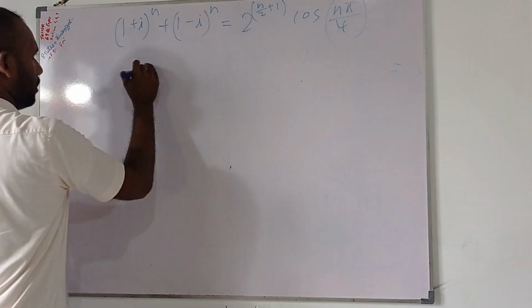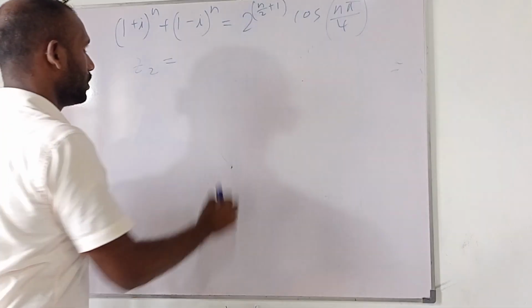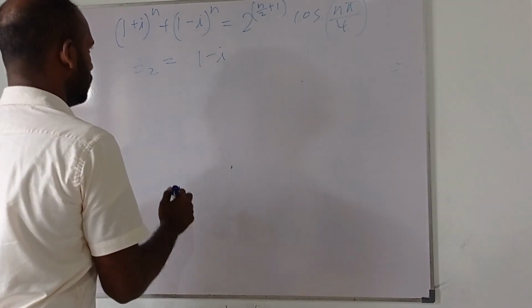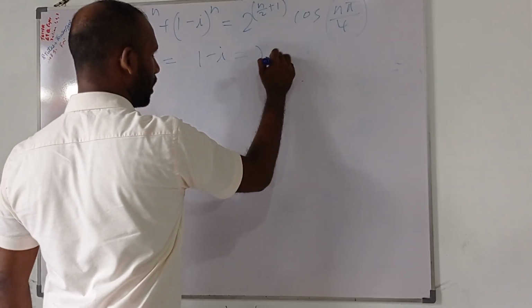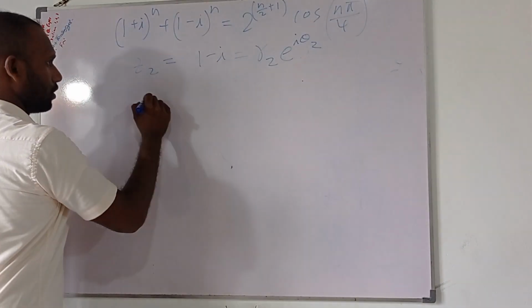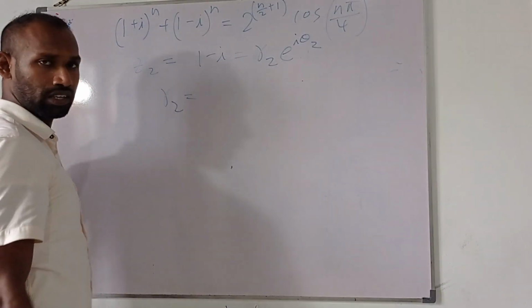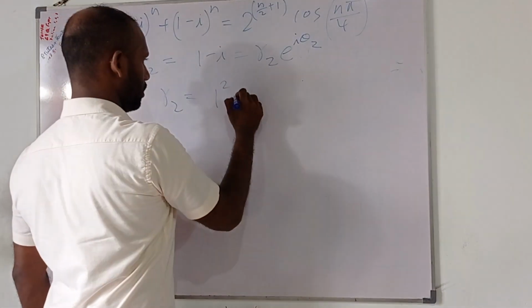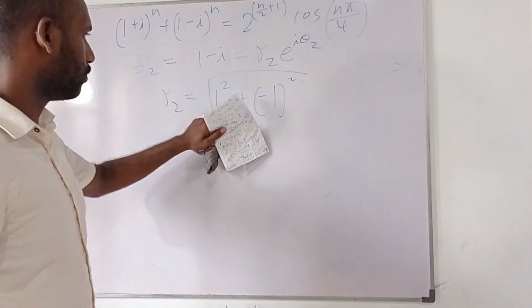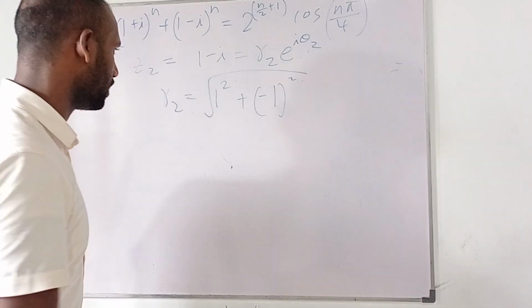Similarly, let's take z2 equals 1 minus i equals r2 e to the power i theta 2. r2 equals square root of 1 square plus minus 1 square.